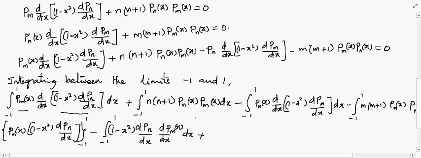Then, combining the second term and the fourth term, we get n(n+1) minus m(m+1) into the integral from -1 to 1 of Pn(x) Pm(x) dx. Now we have to integrate the third term.